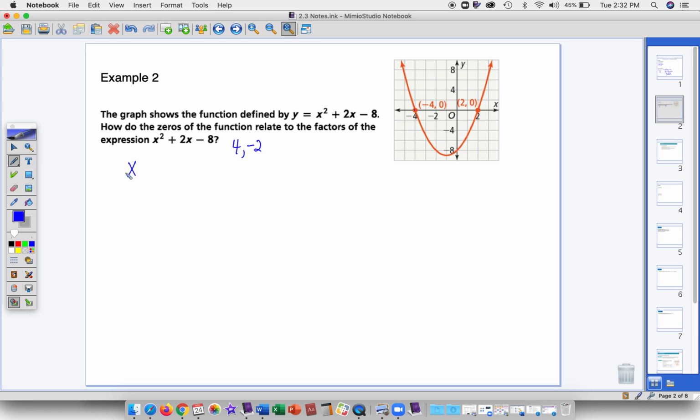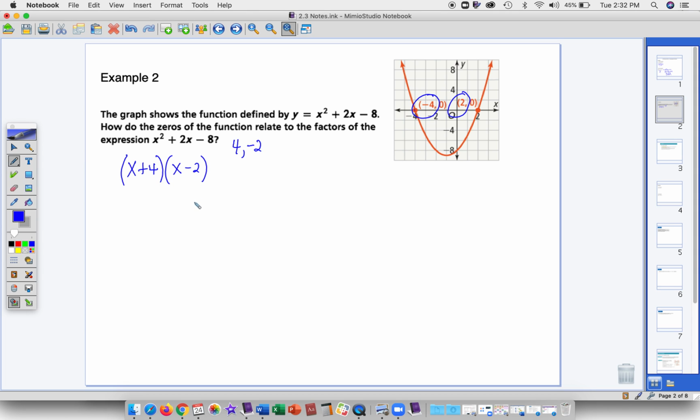So my factoring will be x plus 4 and x minus 2. So notice the solutions, or the zeros, or the x-intercepts, lots of different names for the same things. These values are the opposite of what we see in the parentheses.